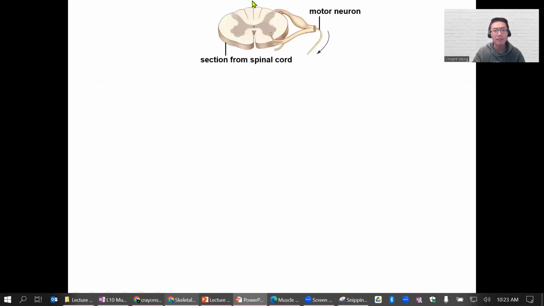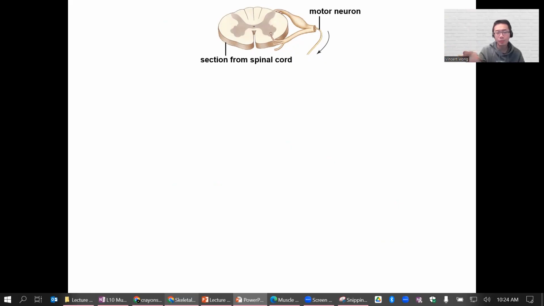Okay, so we have a section of the spinal cord, and we have the motor neuron, right? If it's a skeletal muscle that we're trying to move, then the signal has to come from the primary motor cortex. So the primary motor cortex initiates a signal. That signal travels down the spinal cord, in the descending tract, of course.